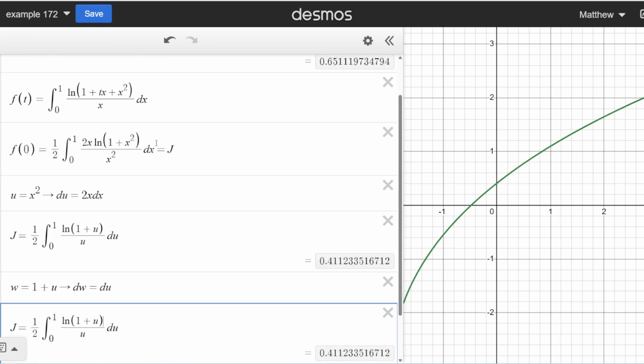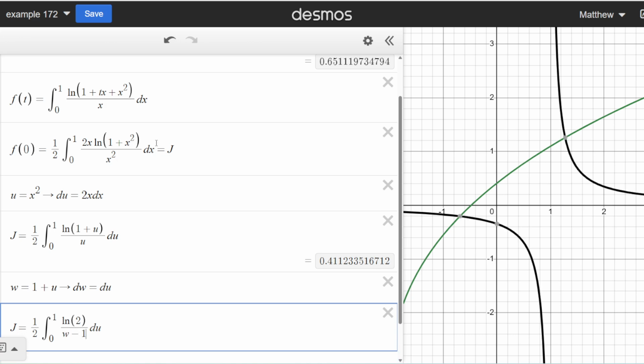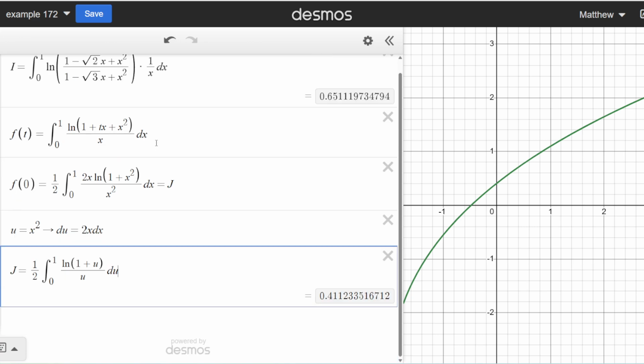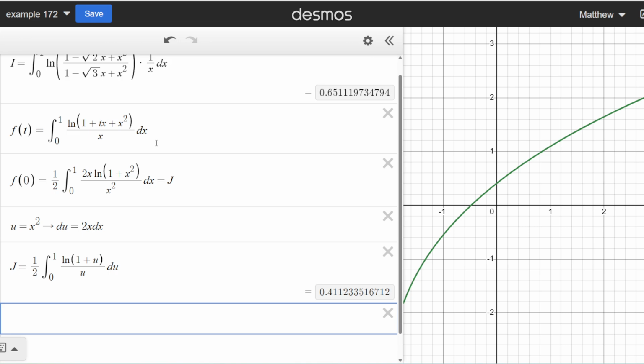So j is now equal to, let's see, this is w. u is going to be w minus 1, and du is dw. Oh, I forgot to change my bounds of integration. You know what? That's not going to work. No substitution. All right. So how are we going to do this?